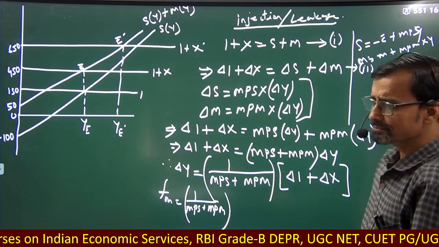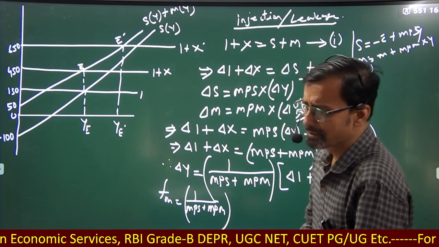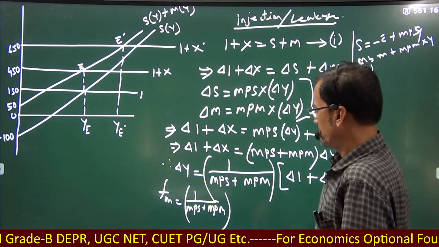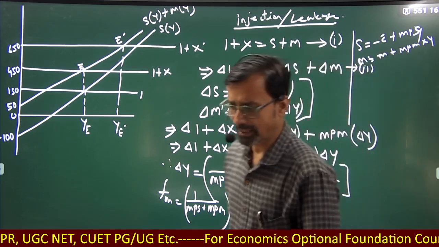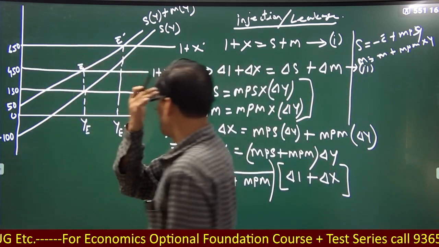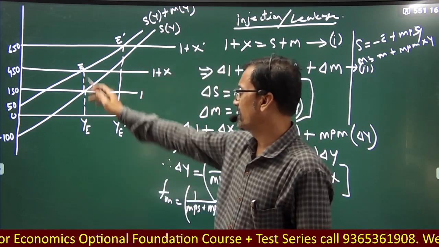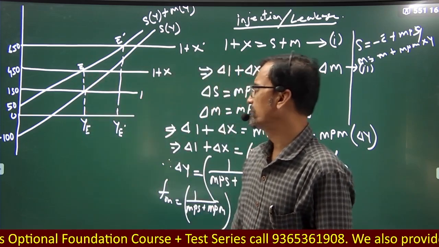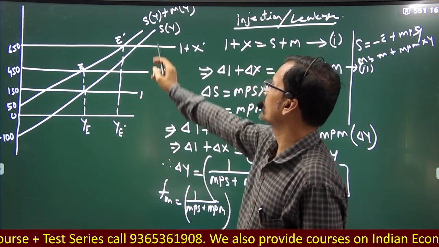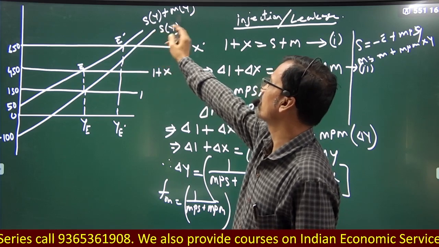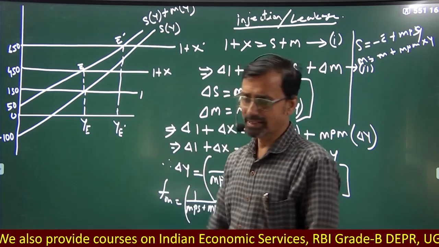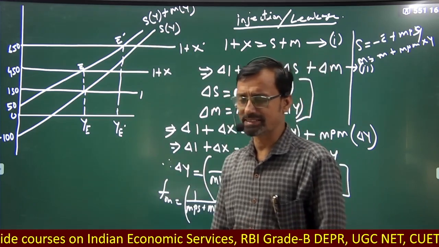Now you can see here, we can take one example. In this figure, it is obvious that at equilibrium point E, where investment plus export intersects the saving plus import function, equilibrium income Y is determined.